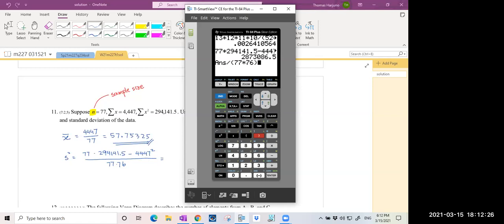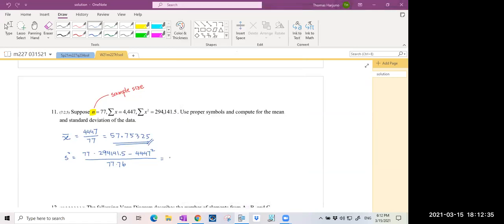And I get 490.95805. Then from there we do the square root. That gives us 22.15757.